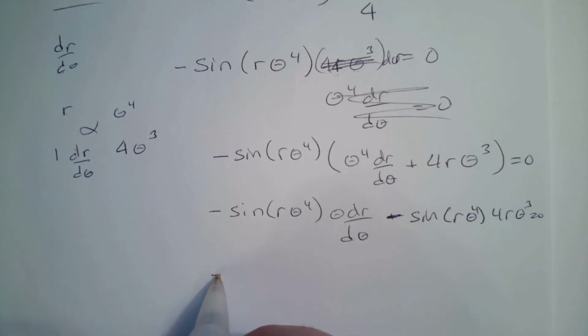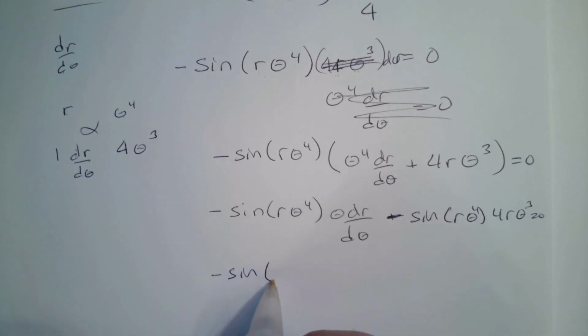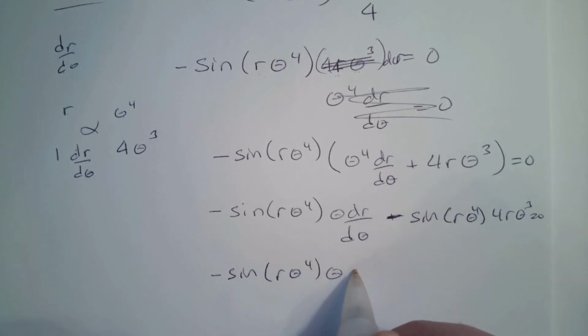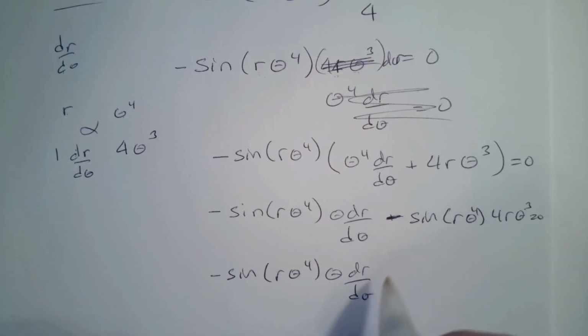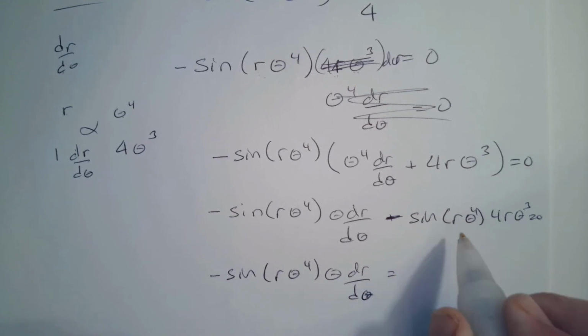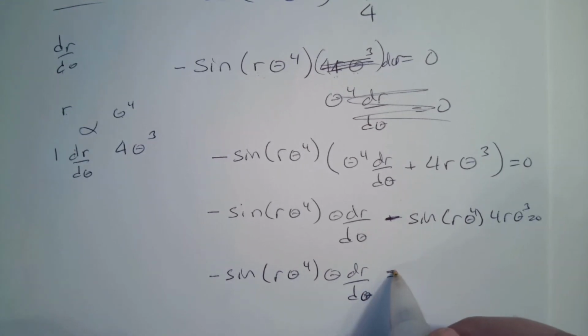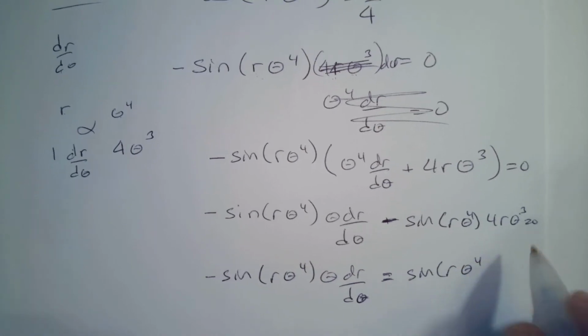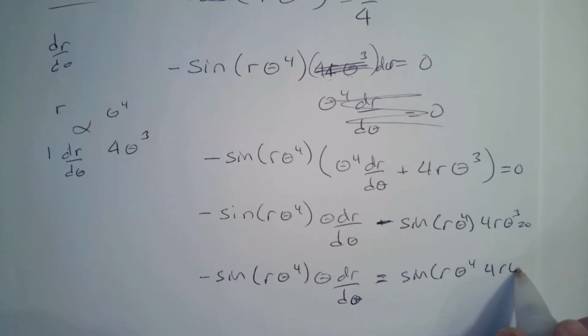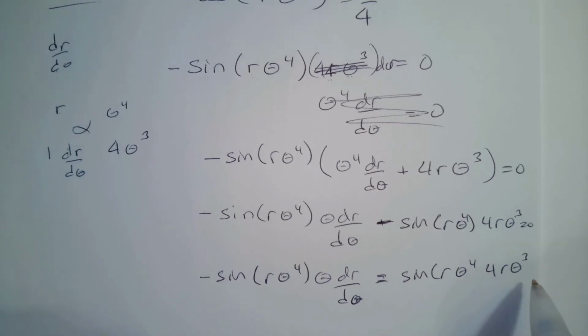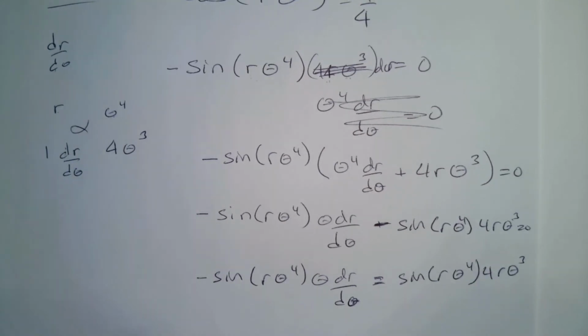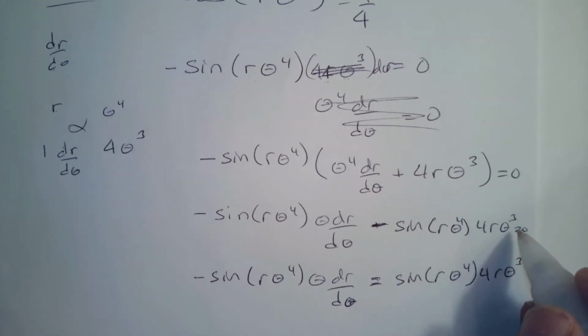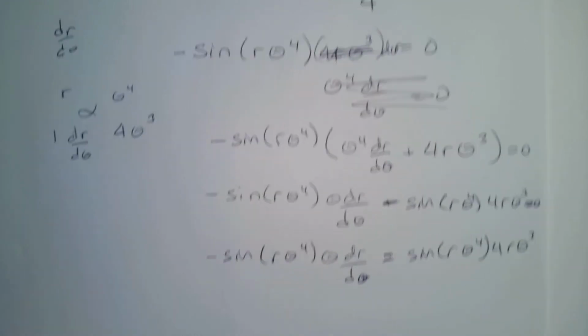So I have negative sine of r theta to the fourth dr d theta. Move this to the other side, so it's sine of r theta to the fourth, 4r theta to the cubed. That's 0.